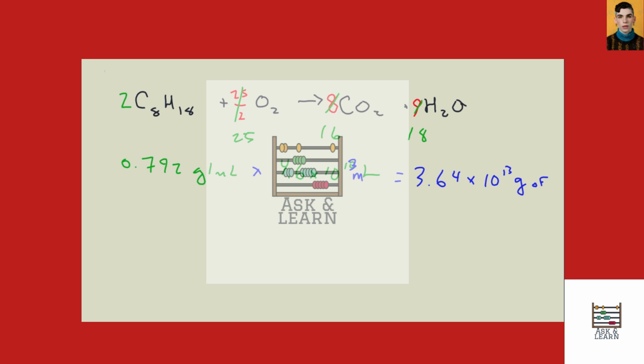0.792 times 4.6 times 10 to the 13th power gives us 3.64 times 10 to the 13th grams of C8H18.